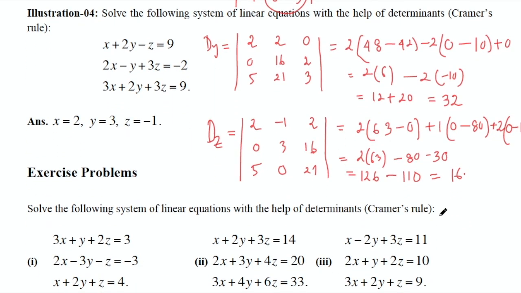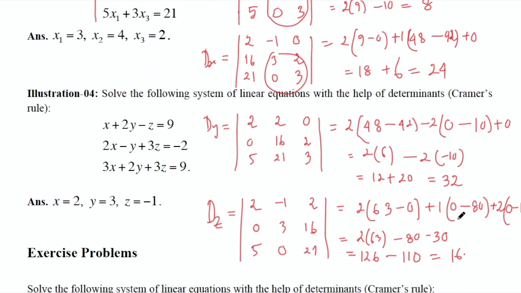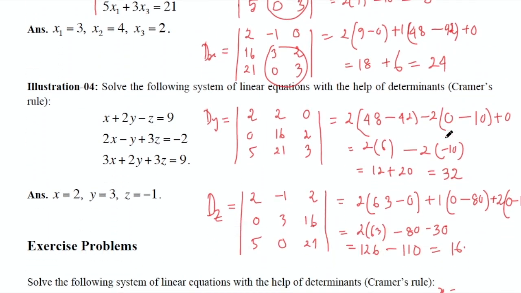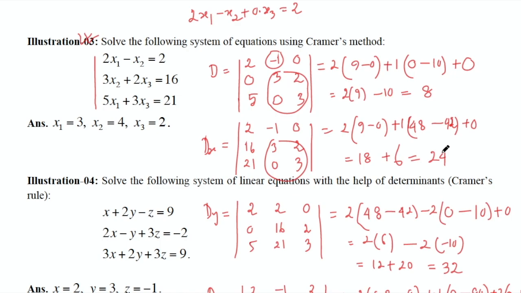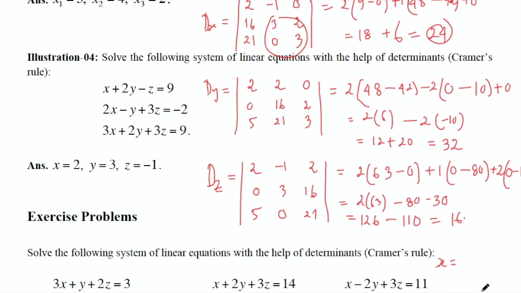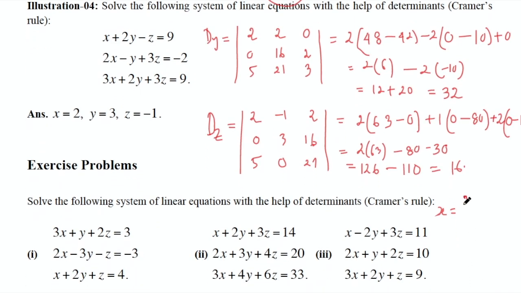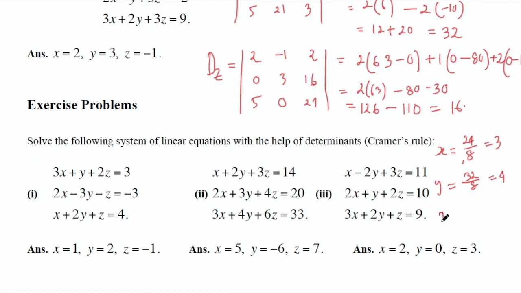So x will be dx by d, and here dx equals 24 and d is 8. Therefore x will be 24 by 8, which is 3, and y will be dy 32 by 8, which is 4, and z equals dz, which is 16 by 8, which is 2.